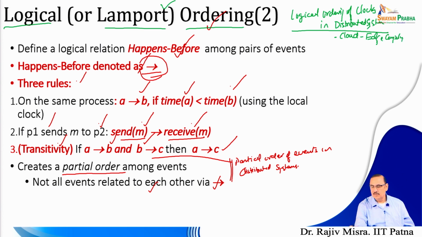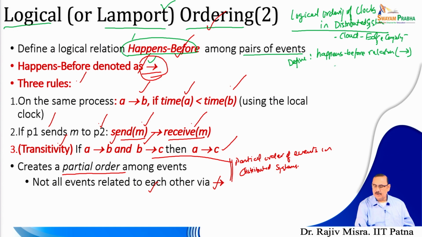computing systems. So, let us define this relation, which is called the happened before relation. The happened before relation among any pair of the events is denoted by this particular symbol. So, this is called the happens before relation. Now, this happens before relation follows three different rules.